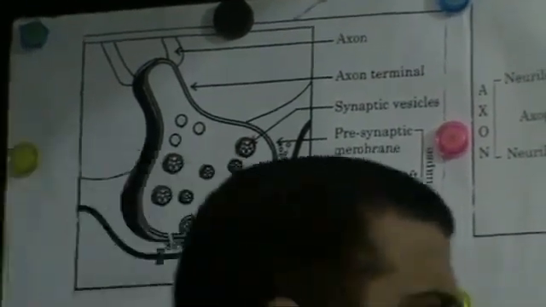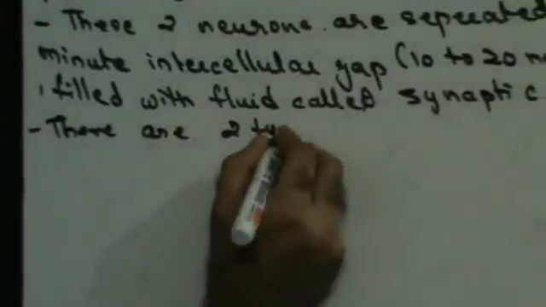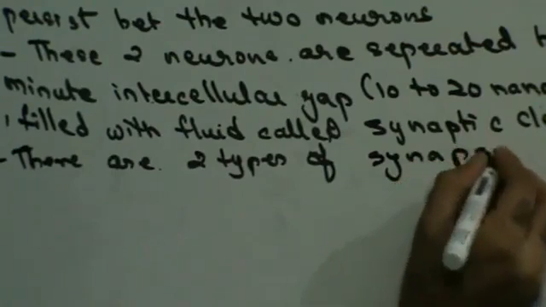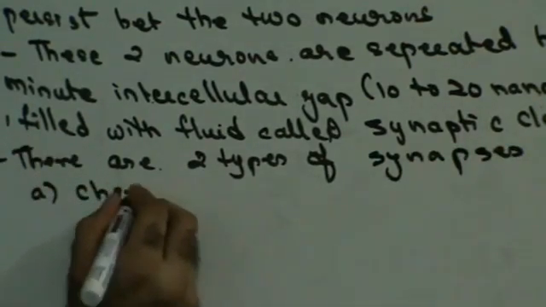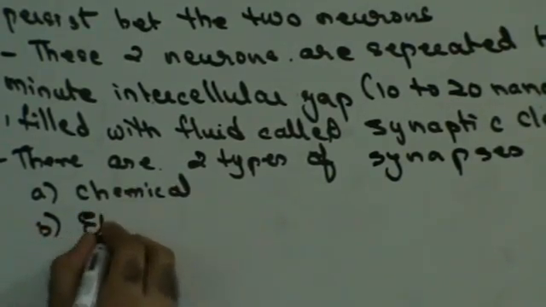Now, when you talk about synapses, there are two types of synapses. One is called the chemical and the other is called the electrical.